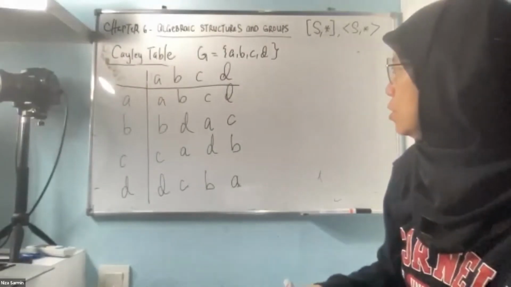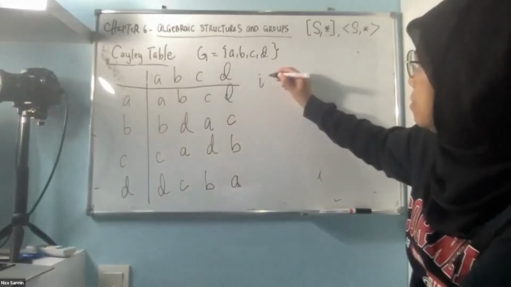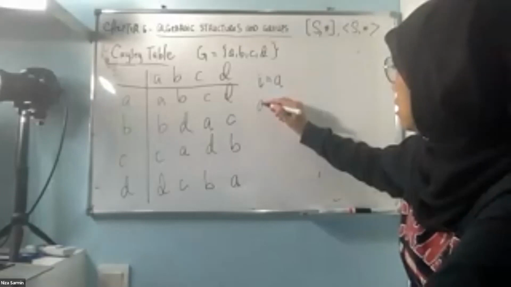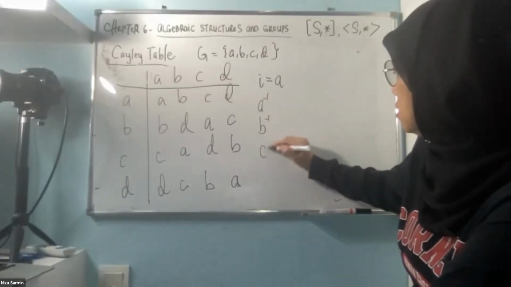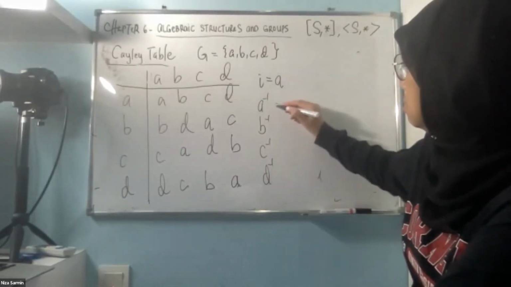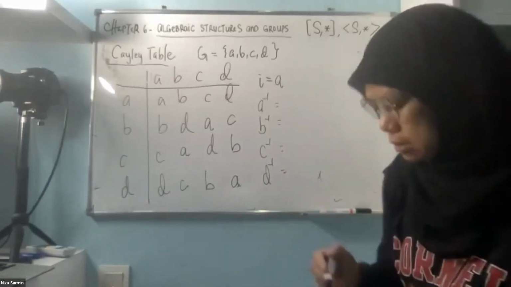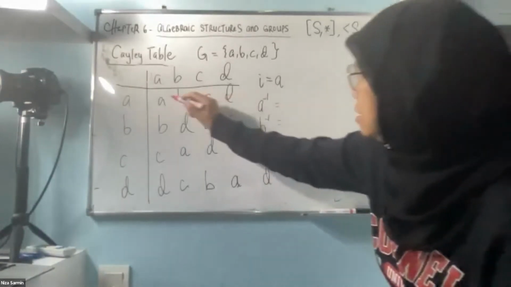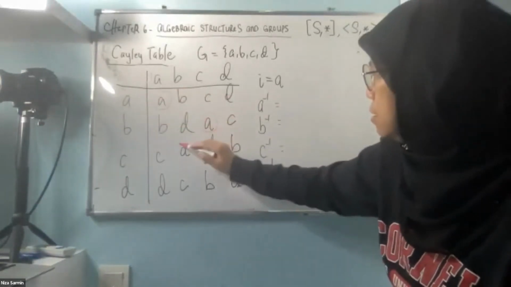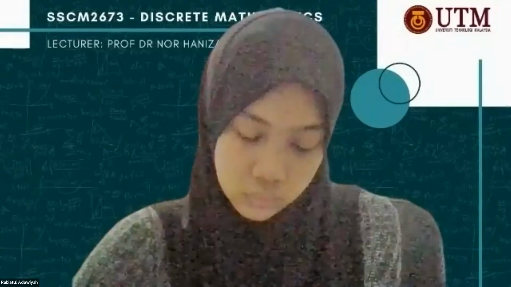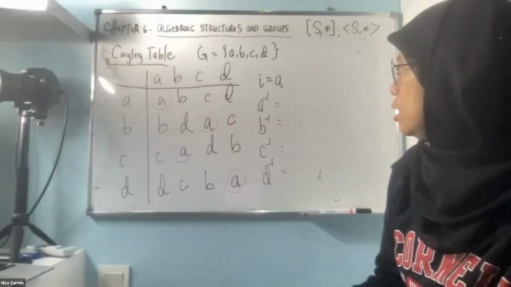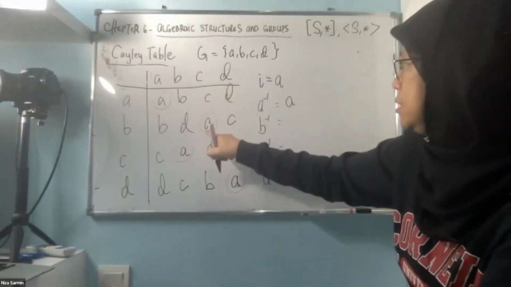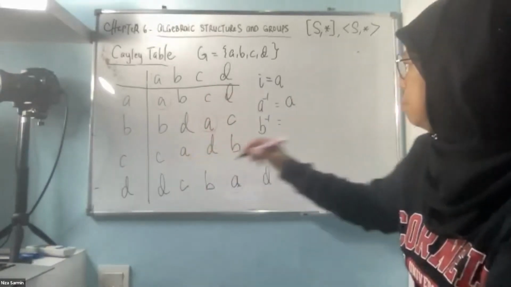Okay, so what is the identity? A. A, yeah. Okay. Then I put A inverse, B inverse, C inverse, D inverse. So what I do is I will circle A. A is the identity. So A inverse is A. BC and CB are the same.